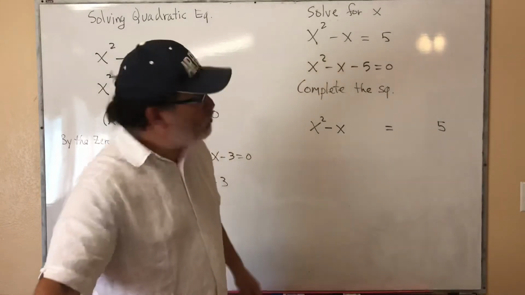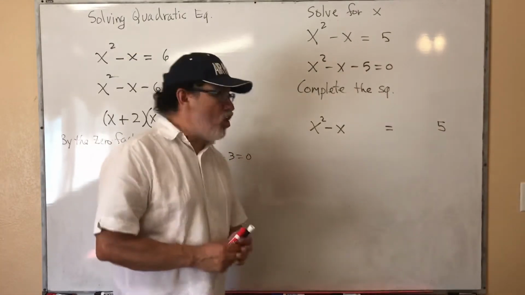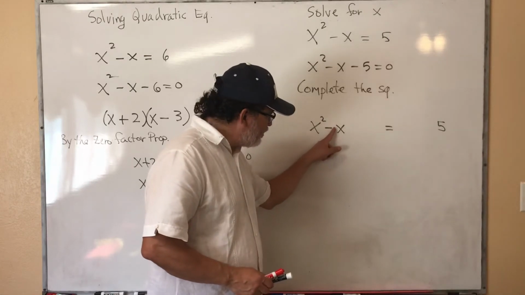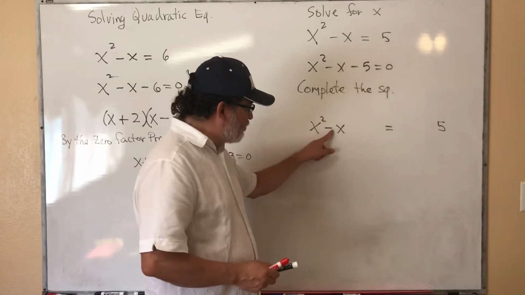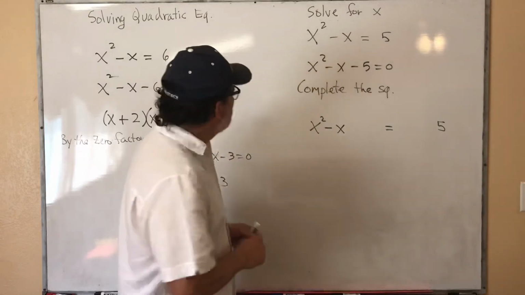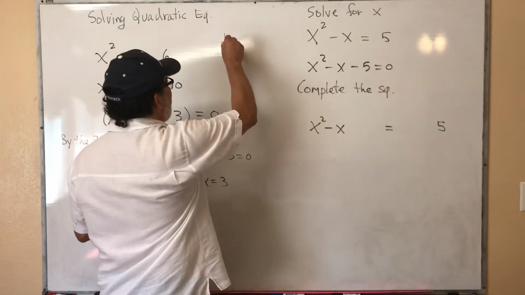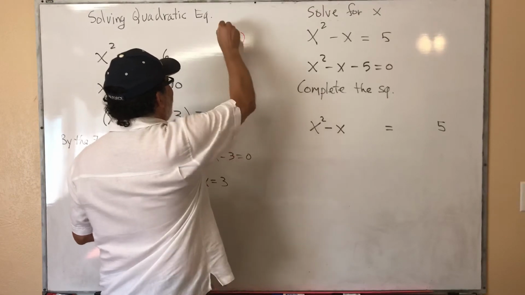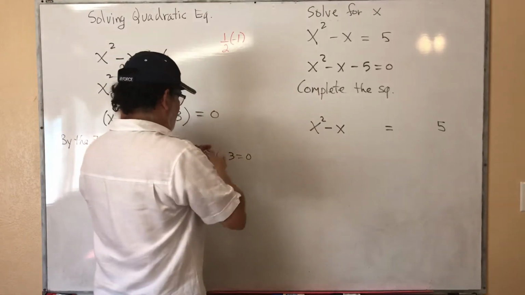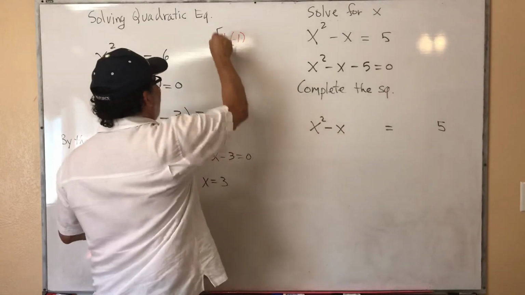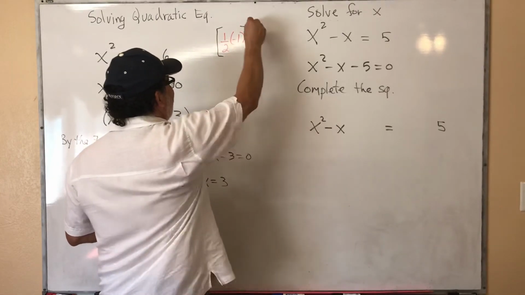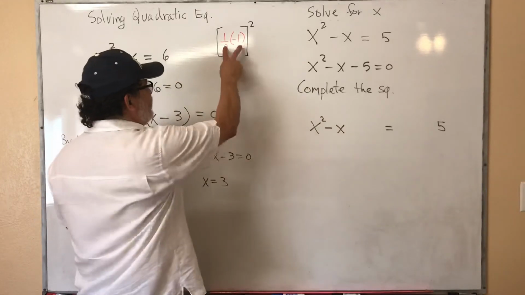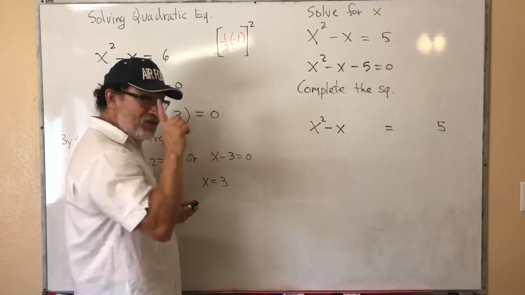Now, how do you complete the square? You always take half of this number. What is this number right there? That's -1. So I'm going to take half of -1 and I'm going to square that. I always want to highlight whatever is inside because I'm going to use it.